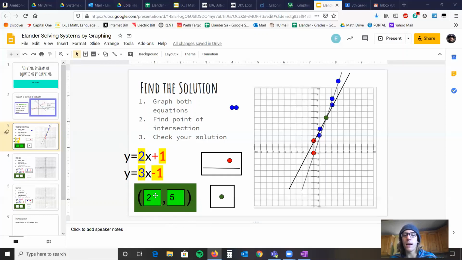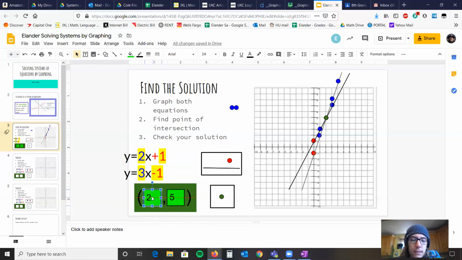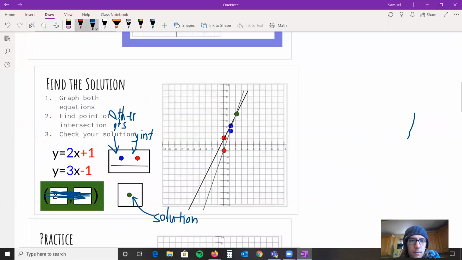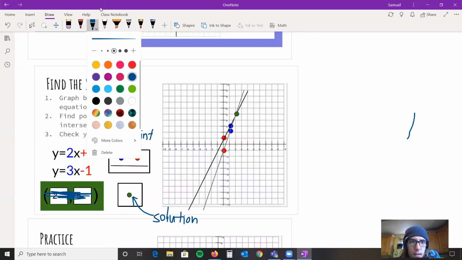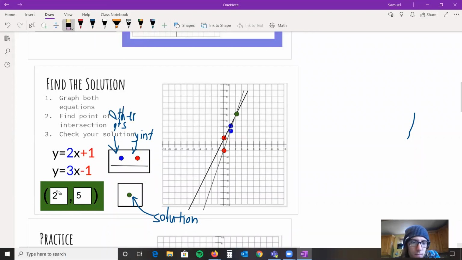So I take my x value, and I'm going to substitute it in for the x. So I'm going to write that on here. So I would take this 2, which is my x, right? And 5, which is my y, and substitute them into the original equation.